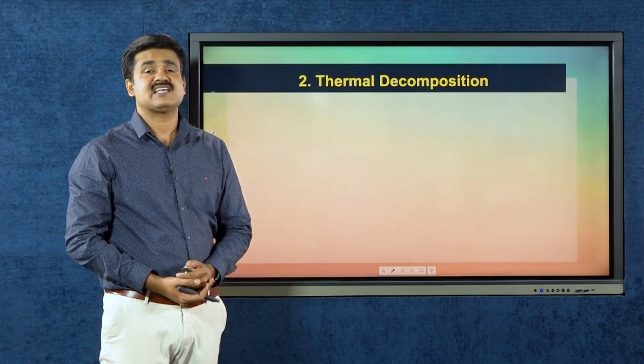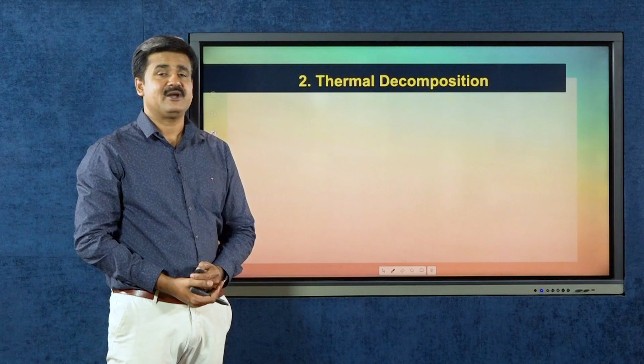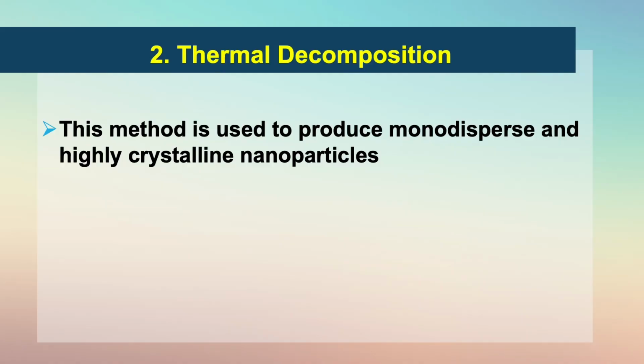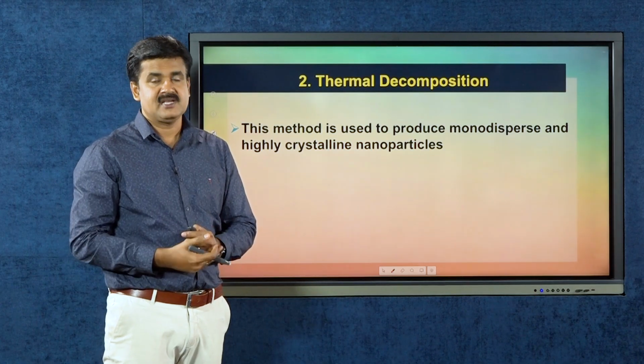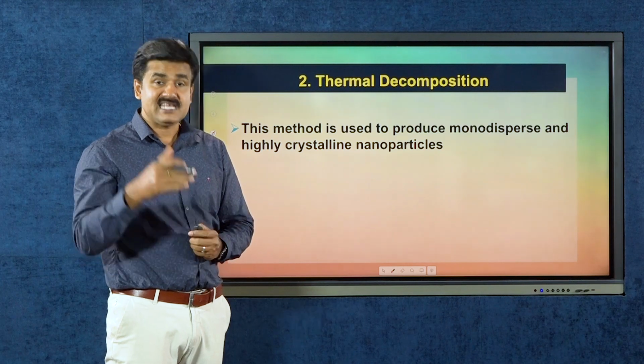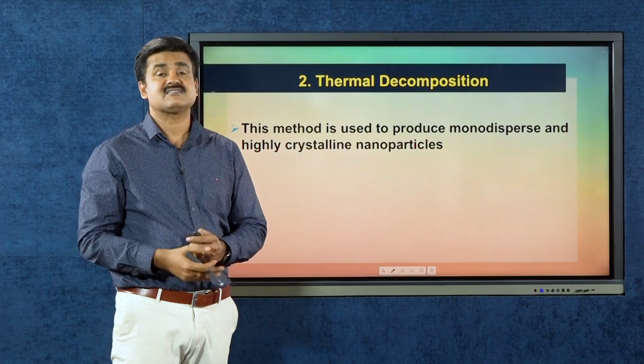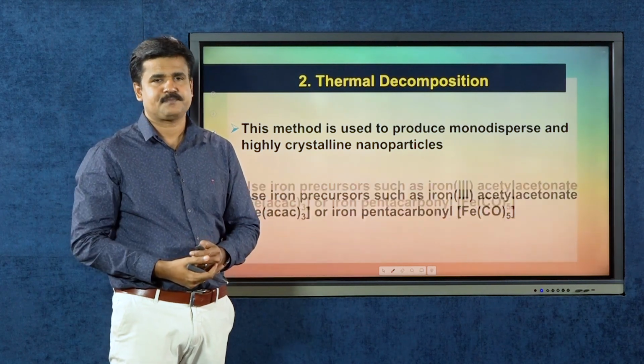Thermal decomposition is another method for preparing iron oxide nanoparticles. This method is used to produce monodisperse as well as highly crystalline nanoparticles. Temperature improves crystallinity. So, the thermal decomposition procedure yields iron oxide nanoparticles with excellent crystallinity.